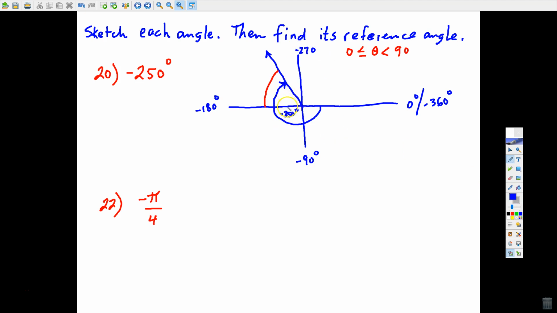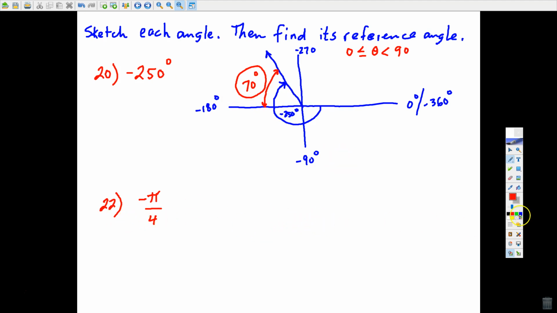Okay, so hopefully you can see that it took another 70 degrees to come up with the -250 angle. And so I'll do my reference angle in red. The reference angle would be 70 degrees. Okay, it's this distance between terminal side of the -250 angle and the x-axis.